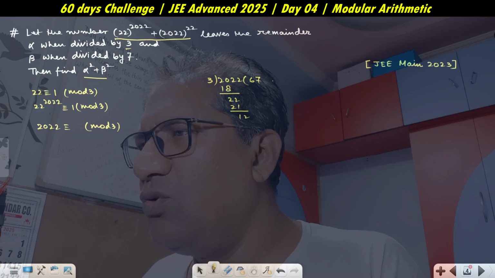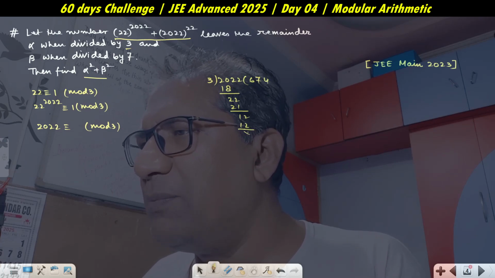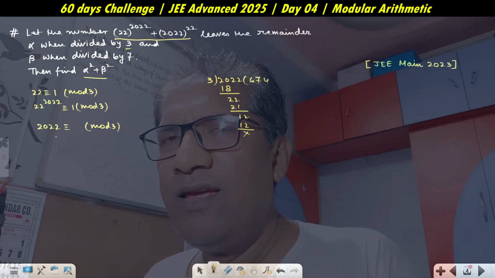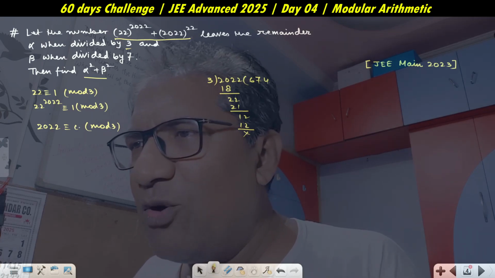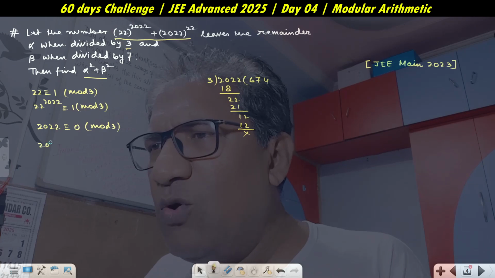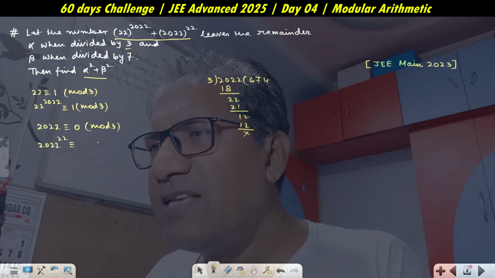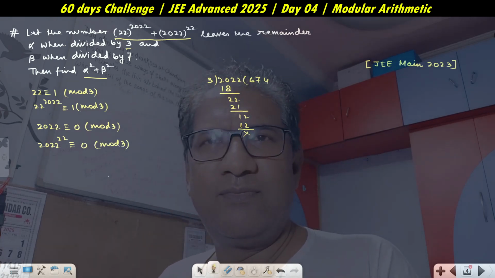So 1, 2, oh my God, it is completely divisible. So when 2022 is divided by 3, the remainder is 0. So when 2022 to the power 22 is divided by 3, again, the remainder will be 0.